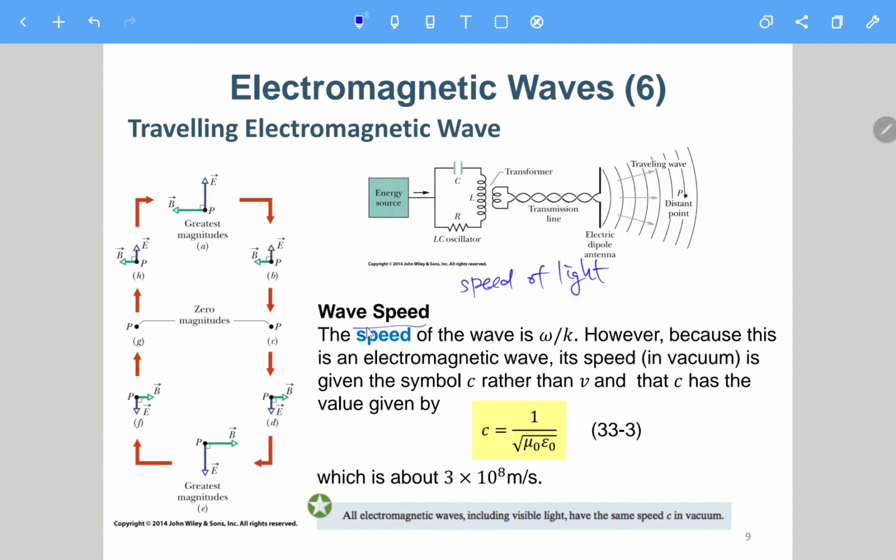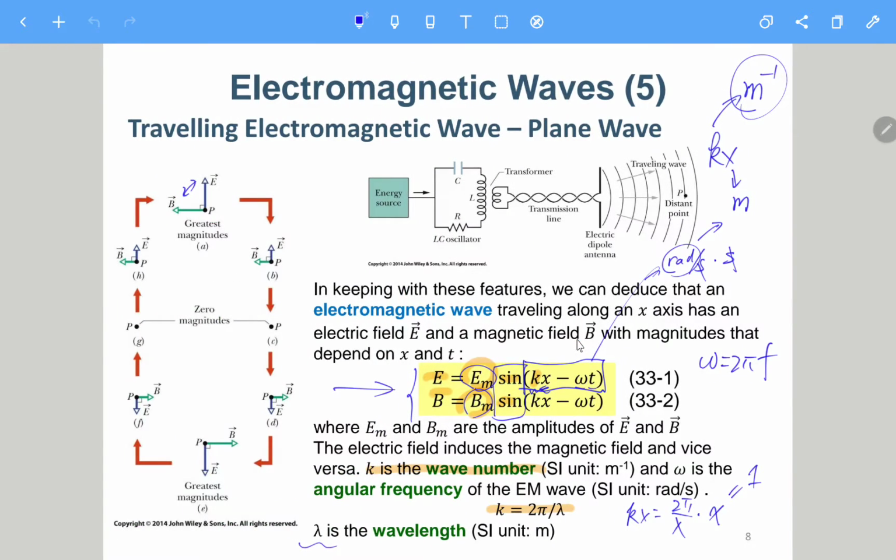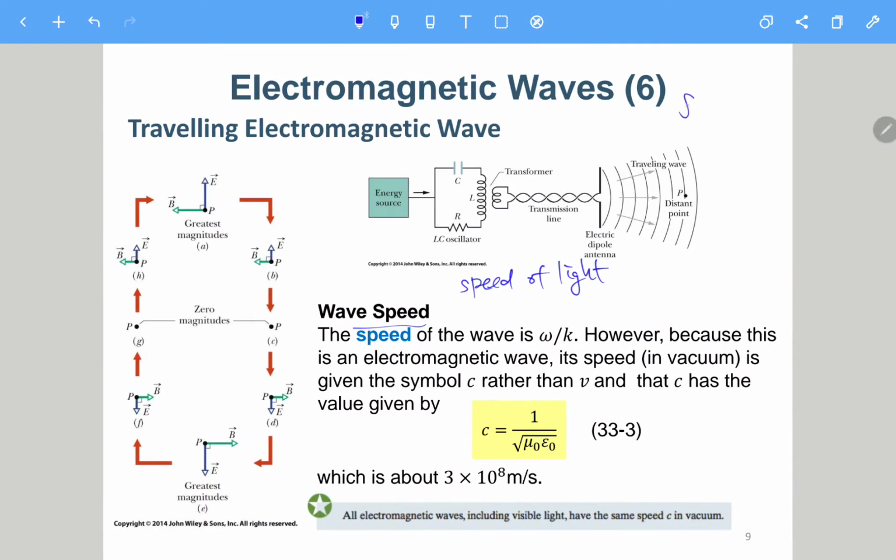Even if it is not light, for a wave we have the wave speed, which is omega over k. Here we have sine of kx minus omega t.